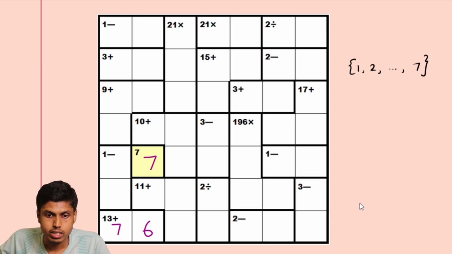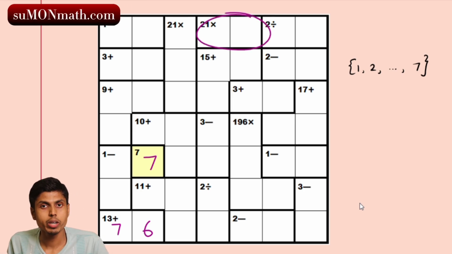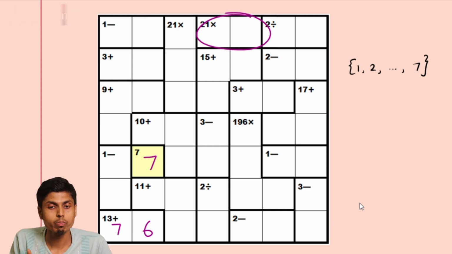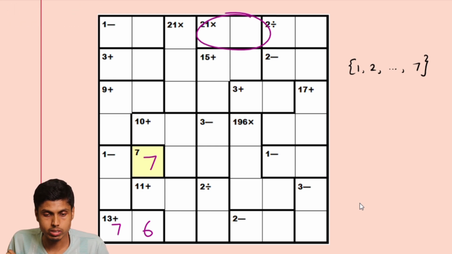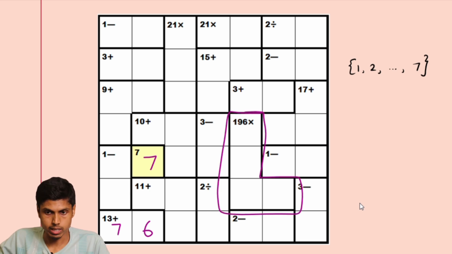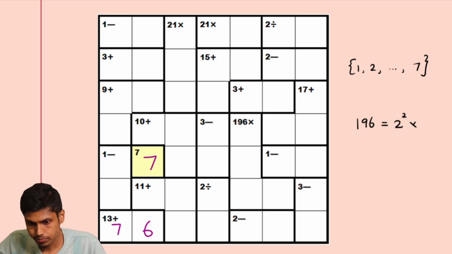Alright, next 21, how can it be formed? The prime factorization of 21 is 3 times 7. So 3 and 7 should be the entries of those cells of the rectangle. So you can either have 7, 3 or 3, 7. But again, you have 196 here, which is a multiple of 7. So let's find its prime factorization. 196 equals 2 square times 7 square.